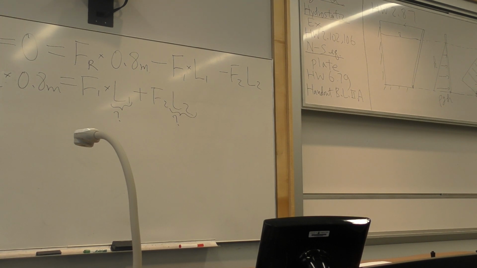Because if we already found Fr, then what's left to solve? The moment. But why do we need that? I'm missing something, I apologize. There would be reaction forces at the hinge, and that's why you use the moment.